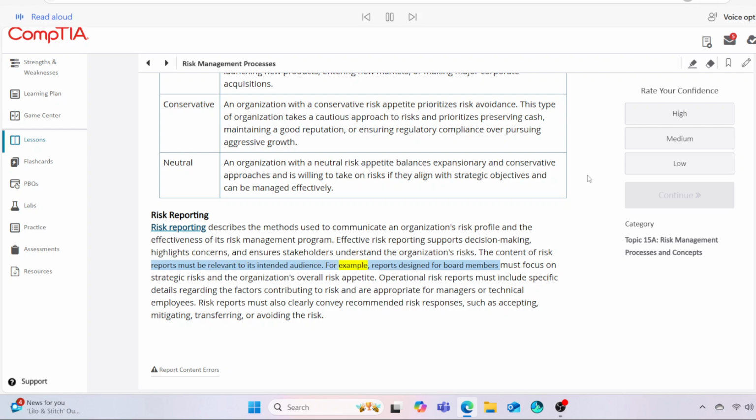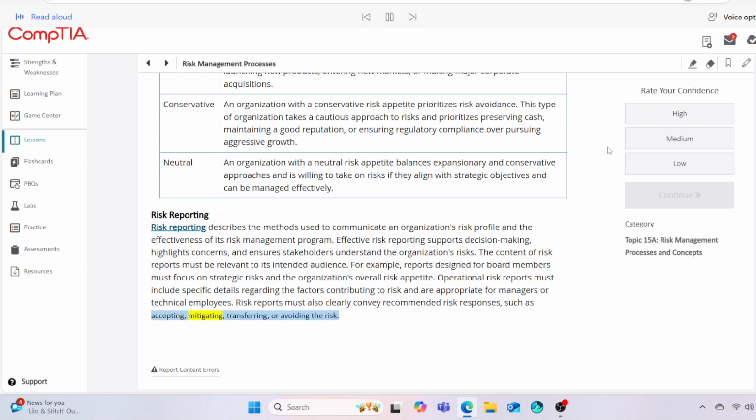For example, reports designed for board members must focus on strategic risks and the organization's overall risk appetite. Operational risk reports must include specific details regarding the factors contributing to risk and are appropriate for managers or technical employees. Risk reports must also clearly convey recommended risk responses, such as accepting, mitigating, transferring, or avoiding the risk.